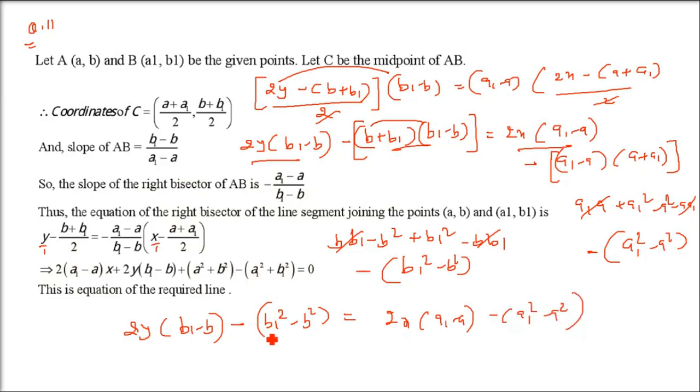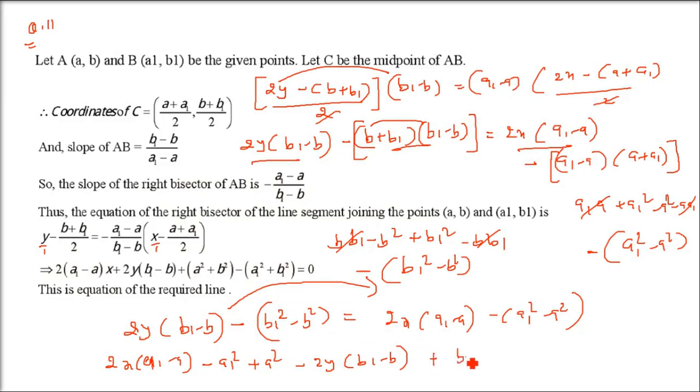Now you can see that the answer which you see is almost similar to this one. So 2x, 2y, either you can take this on the right hand side or this on the right hand side, doesn't matter. 2x (a1 minus a) minus a1 square plus a square, and 2y (b1 minus b) plus b1 square minus b square.